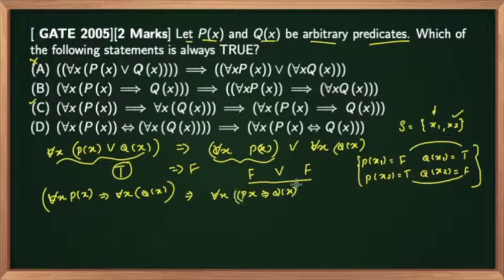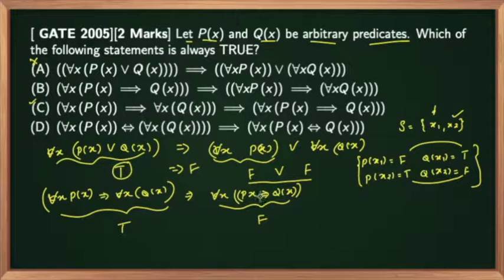So this is the right hand side. So if this predicate is not valid, that means we have a truth assignment such that the left hand side will be true and the right hand side should be false, right?